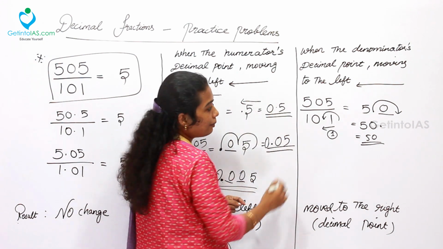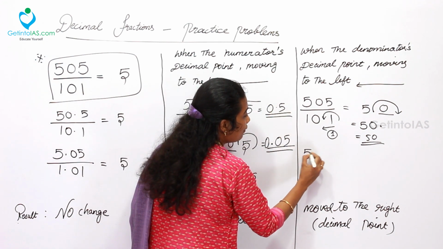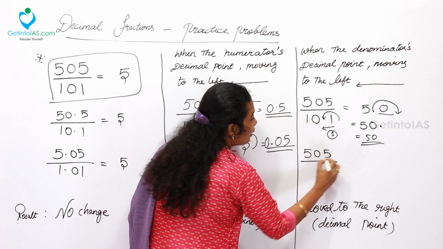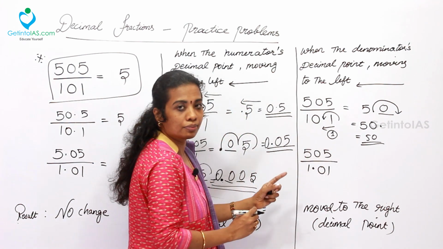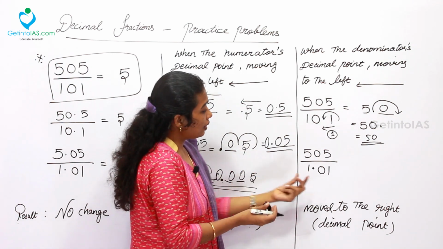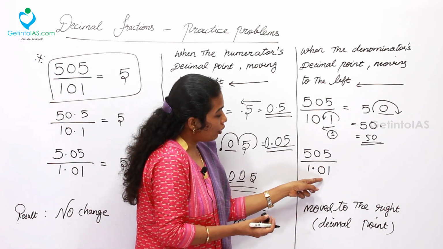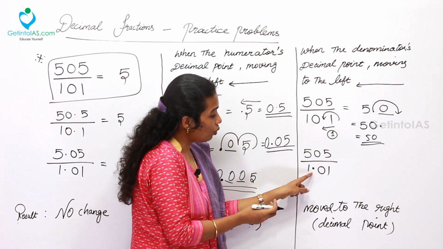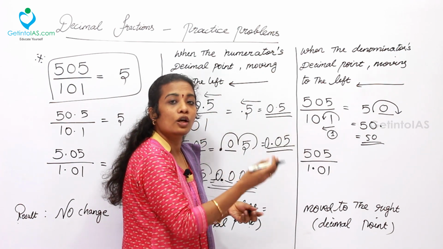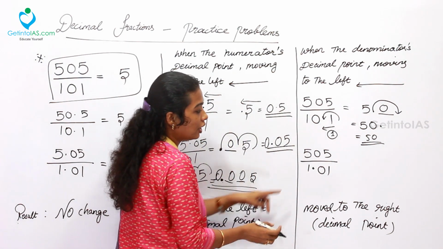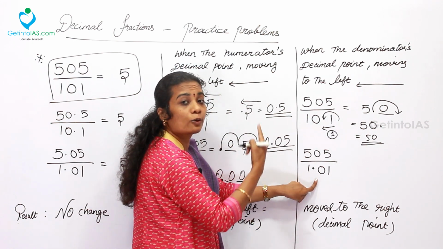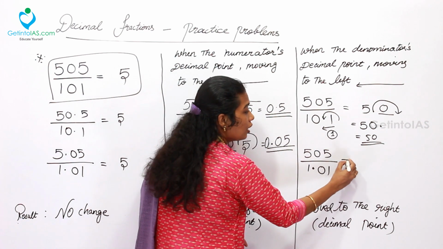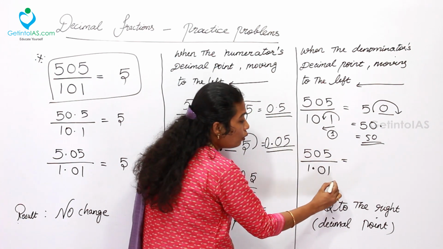One more example for that: 505 divided by 1.01. The same number I am giving as a drill to you. So you can catch how many digits the result has to be moved to the left or right, whatever it is. Here I am affecting the denominator, so it will reflect in the right side of the result, right? Here how many places have I moved? 2 places.